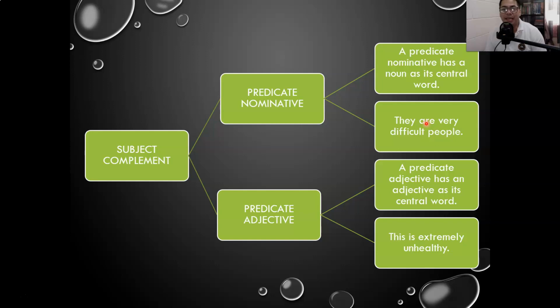I am renaming them. And how do I know it's a predicate nominative? Well, check. Very is modifying difficult. This is an adverb of degree modifying difficult, and difficult is an adjective that is modifying people. So this whole phrase has as its central element the word people. So I say this is a predicate nominative.